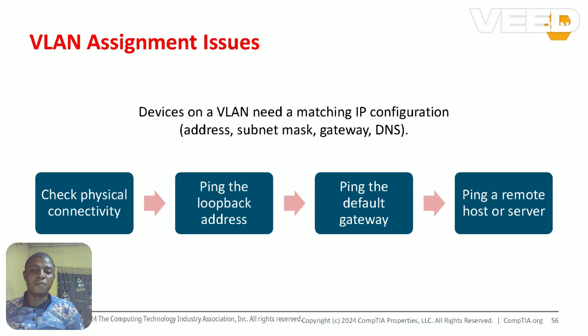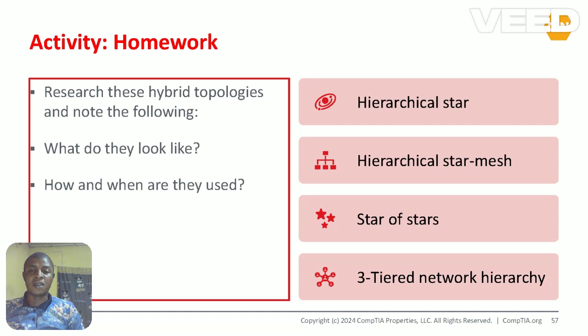Ping the loopback address to see if there is any means of connecting the system. Number three, ping the default gateway, maybe it's connecting. And number four, ping a remote host or server. So you ping all those things, and definitely we may have fixed the problem of VLAN assignment issues. Let us check the other ones.